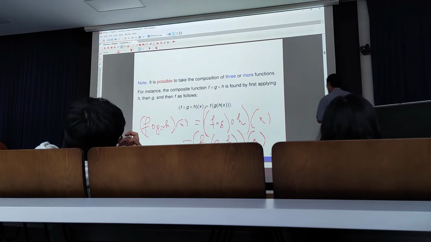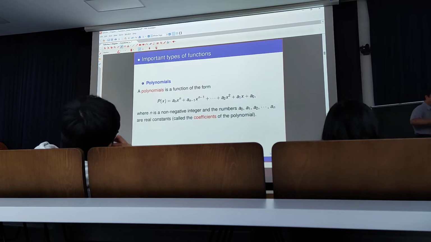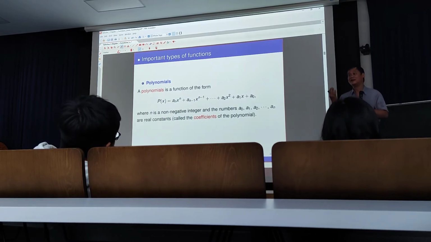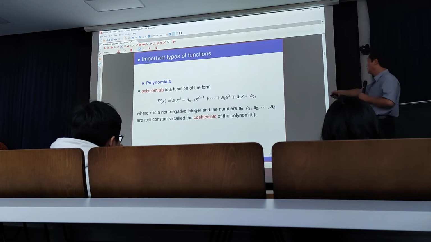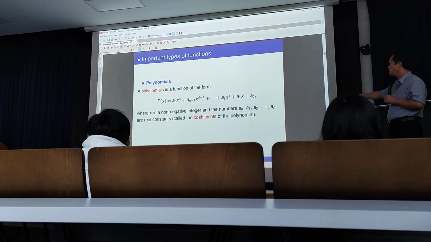Okay. Next, important type of function. First, polynomial. Polynomial là đa thức, thì em hiểu rồi. Monomial là đơn thức. The function of such form. No problem with that, right? N is non-negative integer. N phải lớn hơn hoặc bằng 0 và các thấy là trong trường hợp n bằng 0 thì nó trở thành constant.